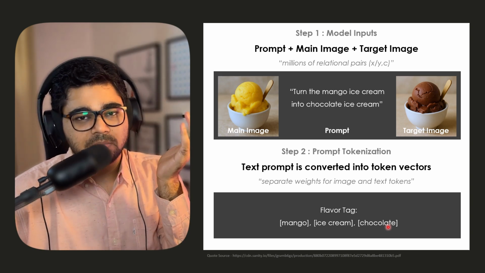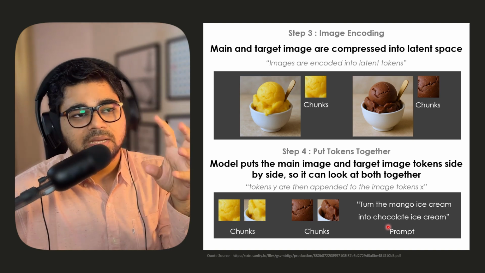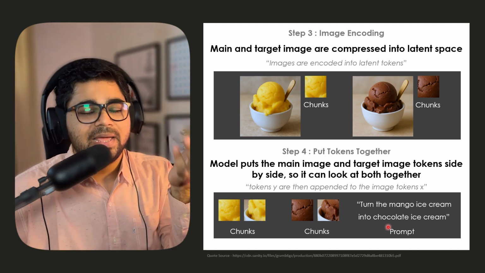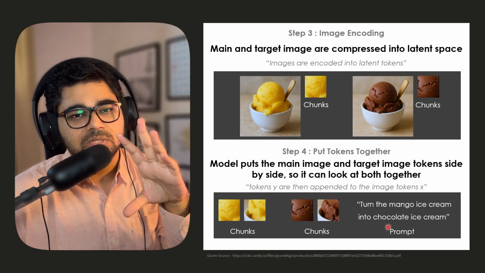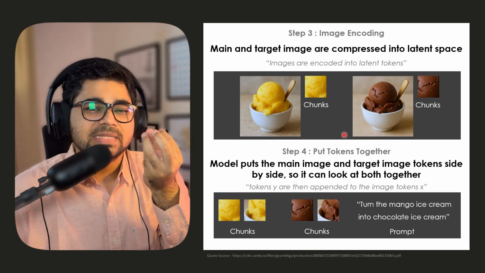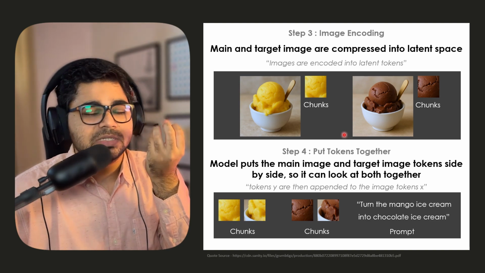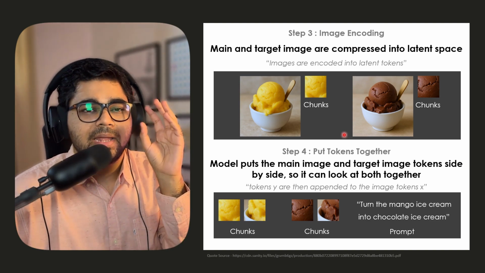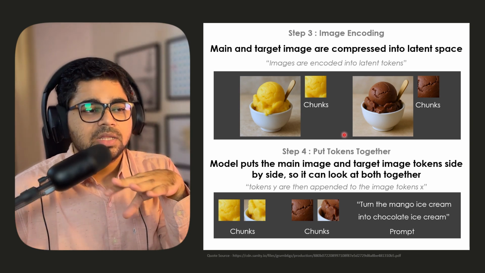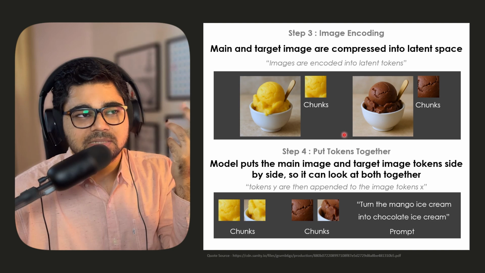And what happens to the images? They get compressed into the latent space, because again, for training, adding these high resolution images makes no sense. So they compress it and put it into the latent space. We can imagine that chunks of the ice cream have been taken to understand the flavor profile of what that ice cream is about. Once we have the vector of the prompt and these images are compressed, they all are laid together, then the training process starts happening.